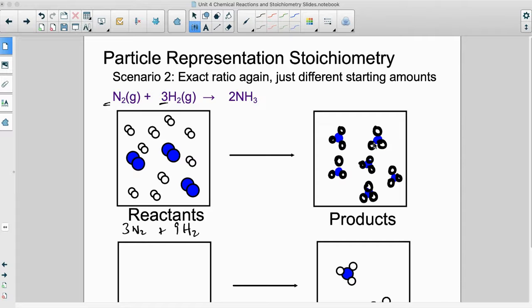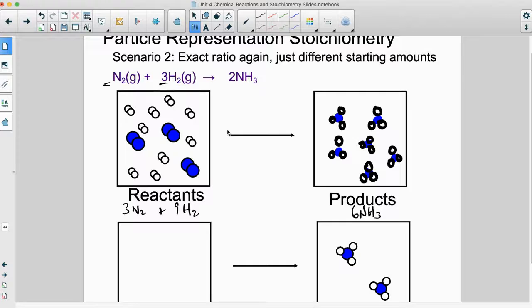So here we have formed 6 NH3s. And we can see that this is the exact ratio shown in the balanced reaction, 1 to 3 to 2. Same here: 3 to 9 to 6 is the same as 1 to 3 to 2. This is the exact ratio.